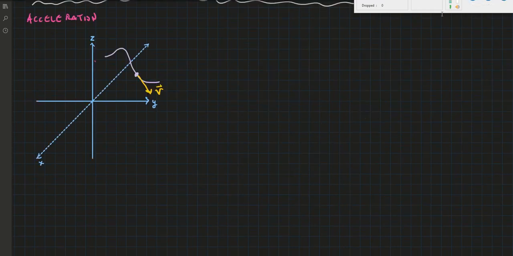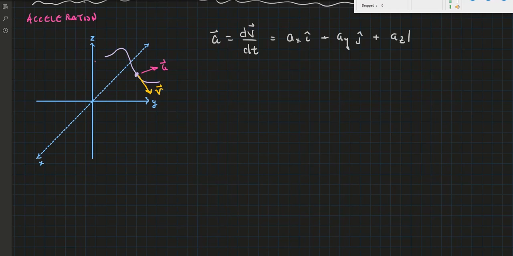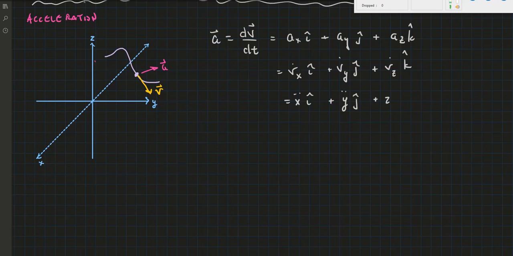Now acceleration is going to point in general towards the concave side of the curve, and our acceleration is dv/dt, which equals some a_x i plus a_y j plus a_z k, which is v_x dot i plus v_y dot j plus v_z dot k, or x double dot i plus y double dot j plus z double dot k.